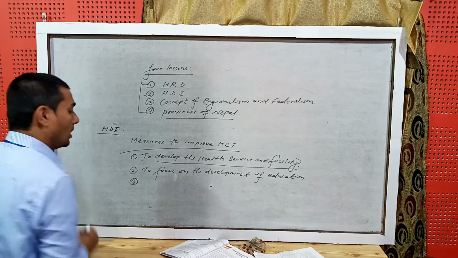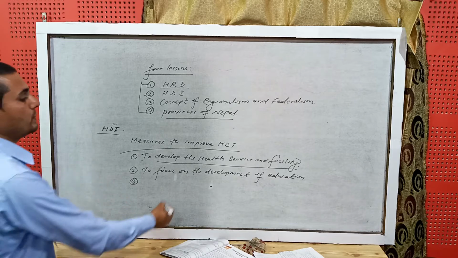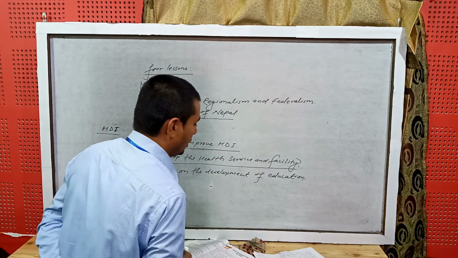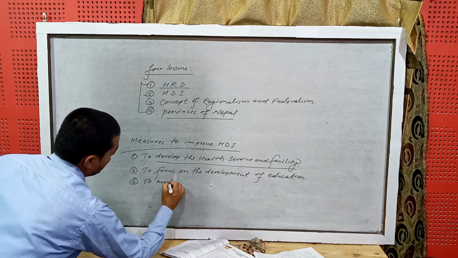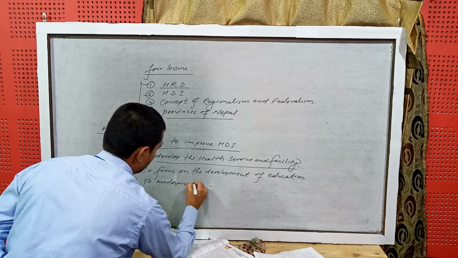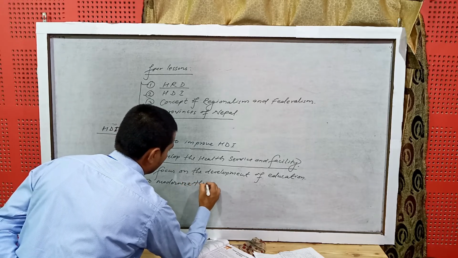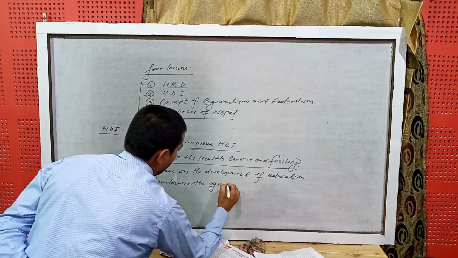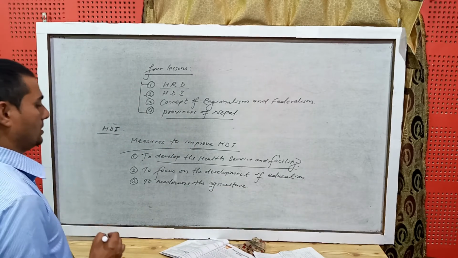Similarly, the next measure to improve the HDI of a certain country is to modernize agriculture.